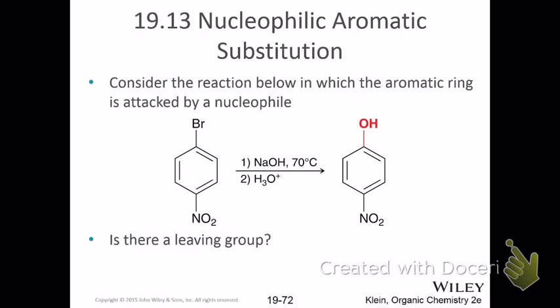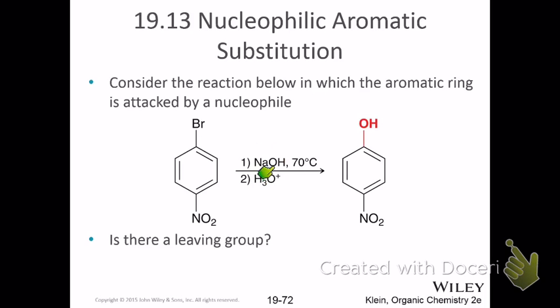Okay? So, turns out this is a very common reaction. If this nitro group isn't here, in order to get this reaction to happen, it has to be very high temperatures. If I remember my numbers right, it's like 300 degrees Celsius, and high pressure. Then you can get an OH group to attach to the benzene ring and displace the bromine. But adding a nitro group makes it much easier.